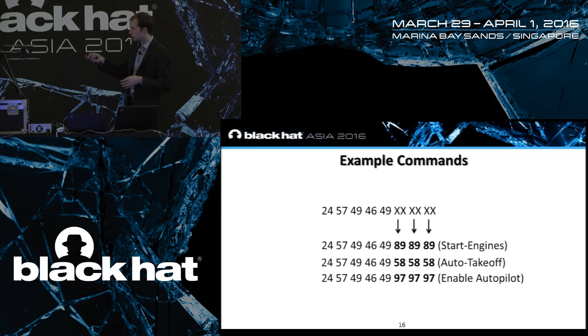I will show in the live demonstration here the start engines command, so that you can see that the attack is actually working, and the UAV starts its engines. You can inject basically any command the original flight application can perform, and perform exactly the same action as an attacker from a distance of 2 kilometers.